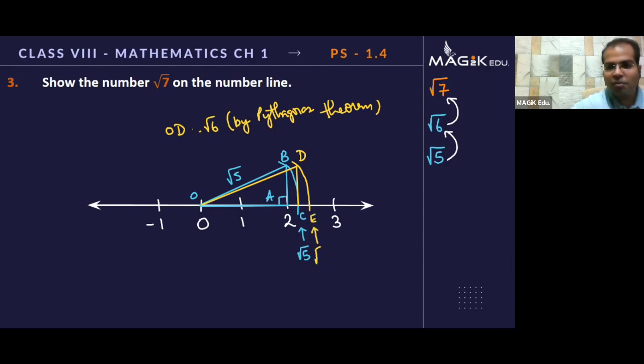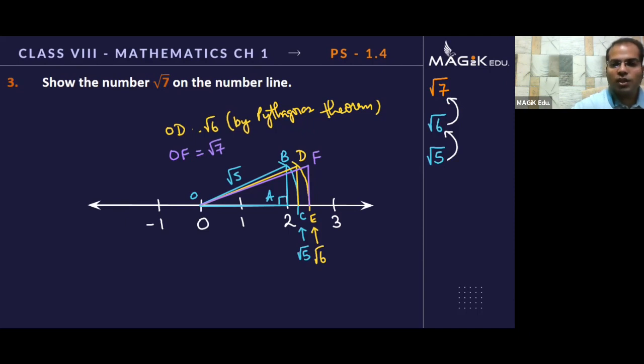But the process doesn't stop here, because हमारा क्वेश्चन क्या मांग रहा है हमसे? हमारा क्वेश्चन हमसे मांग रहा है कि give me root 7. So अब root 6 पे हम बनाएंगे एक 1 यूनिट का परपेंडिकुलर, and we'll join that same from O, and we'll give that an alphabet F. अब ये जो OF है ना, again you use Pythagoras, you will get to know that OF is root 7.